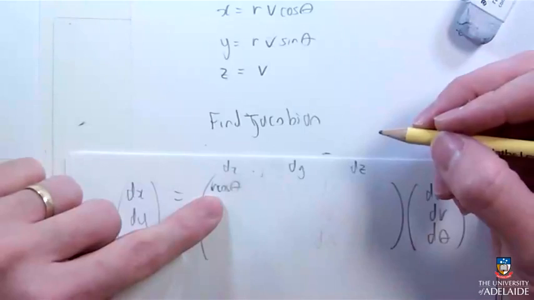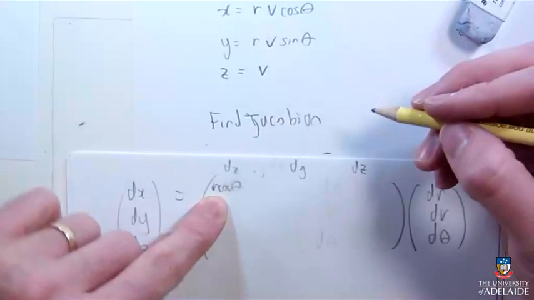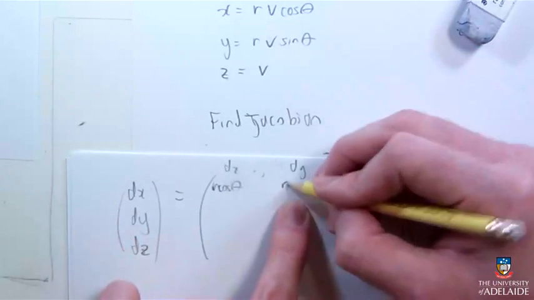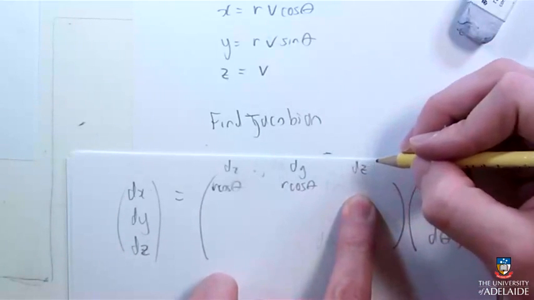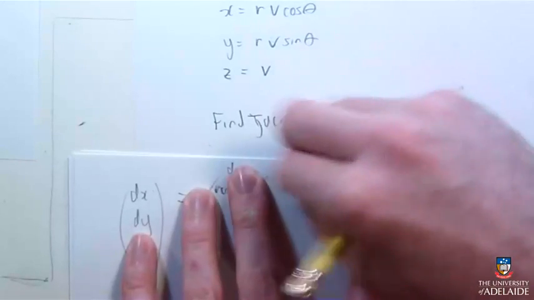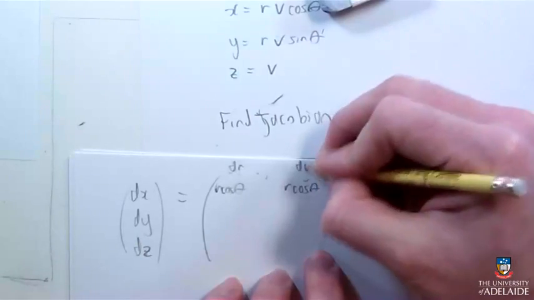So, dx on dr is v cos theta, dx on dv is r cos theta, dx on theta. That's totally wrong. I'm just going to run with it. It's actually this way: dr, dv.